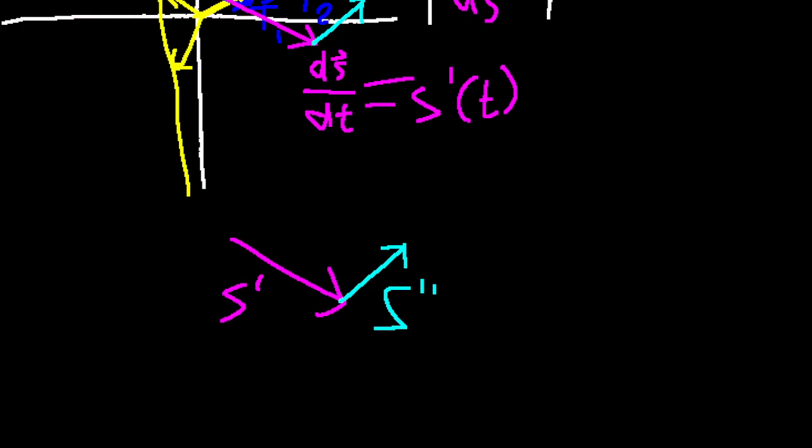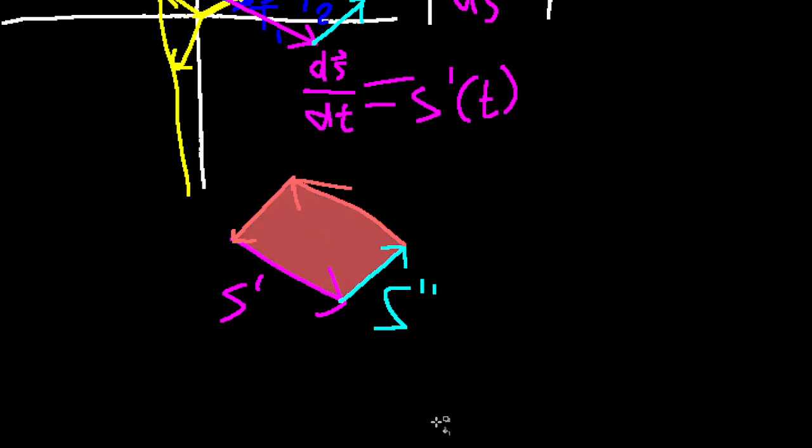So let's use a different color here. This is salmon. Okay, so what I've drawn here is the parallelogram that is spanned by these two vectors.